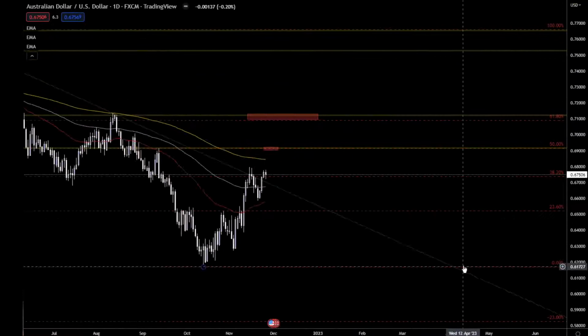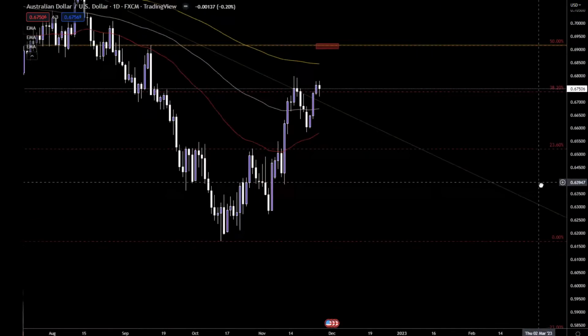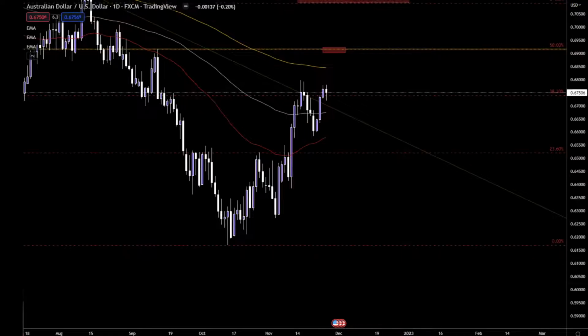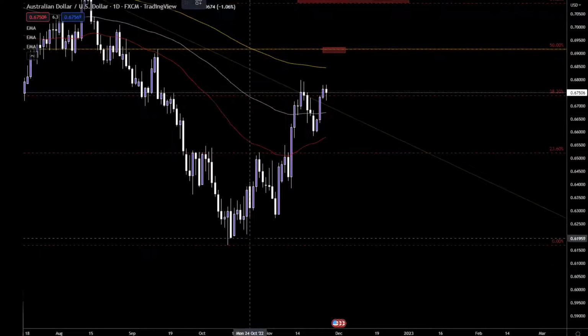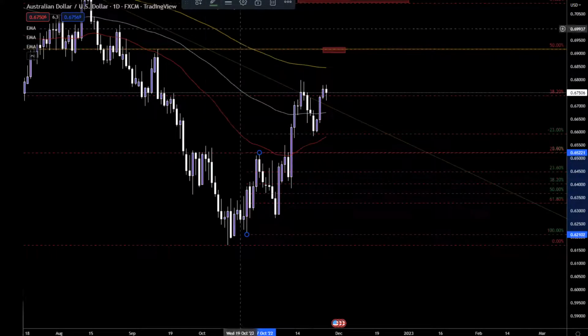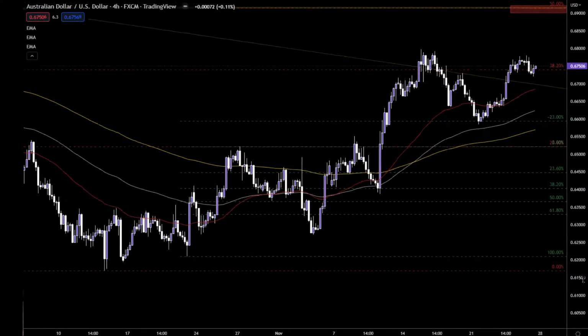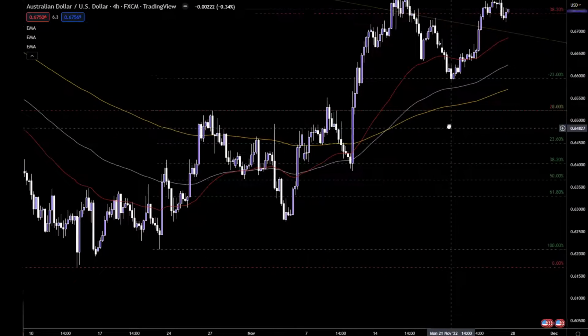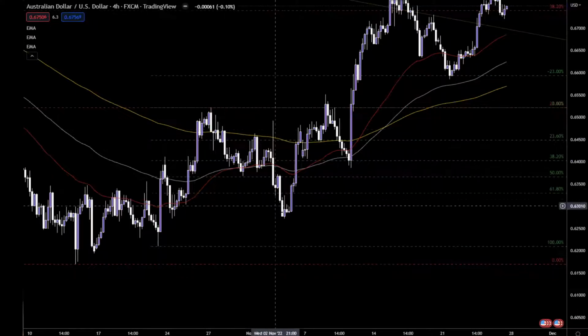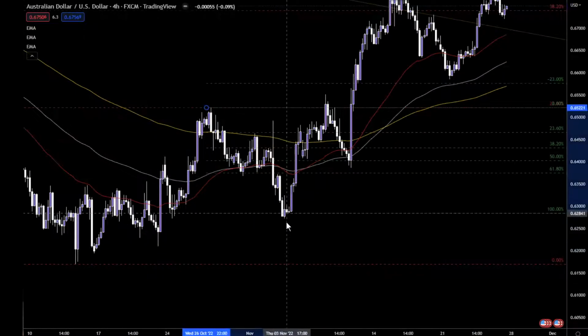So looking for a buy on this. Fib's going to be a pain in the ass here because of all these lows, but go there first. Nah, not really doing much for me, that.